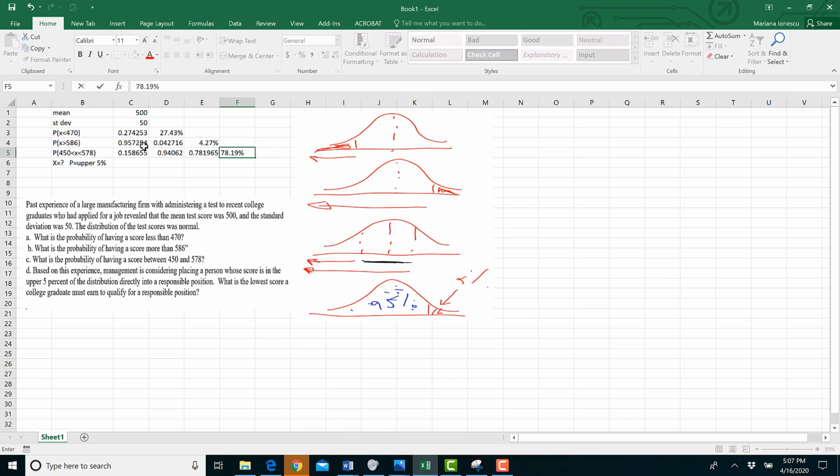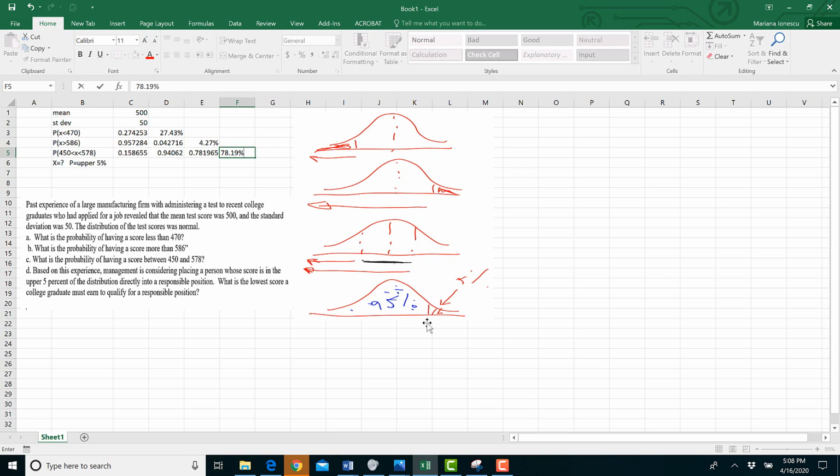For part D, they ask, based on this experience, management is considering placing a person whose score is in the upper 5% of the distribution directly into a responsible position. What is the lowest score a college graduate must earn to qualify for this position?